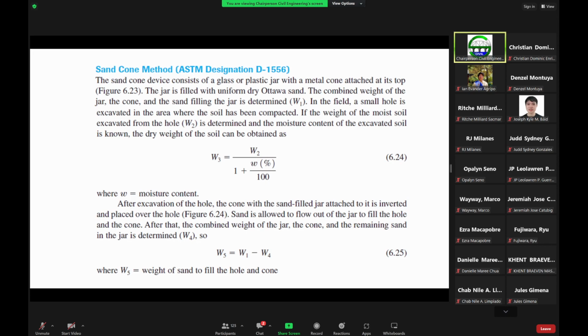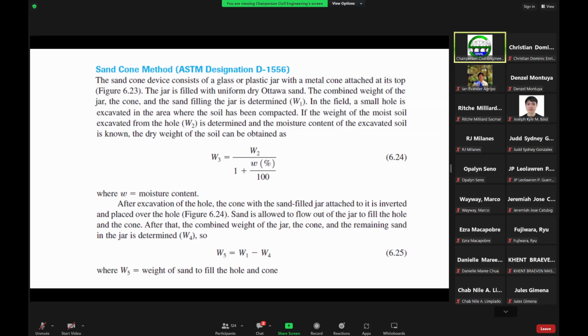Then we go to the field, after we do a compaction, because we want to test how compacted it is. We dig a small hole in the compacted area. We excavate the hole, and then we weigh the moist soil from that hole.